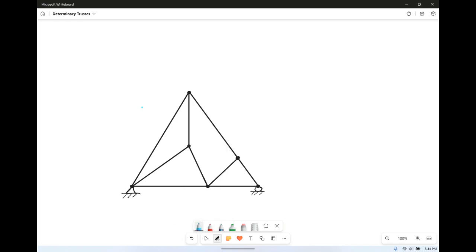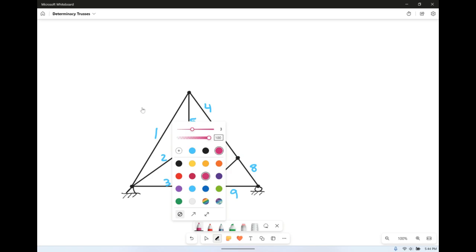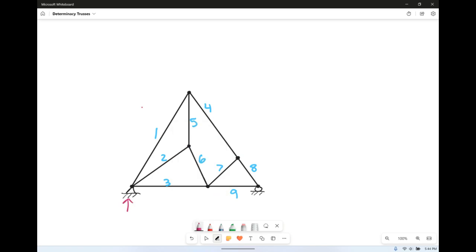So the number of bars, we got 1, 2, 3, 4, 5, 6, 7, 8, 9. We have 9 members here. And then we've got how many reactions? 1, 2, 3.